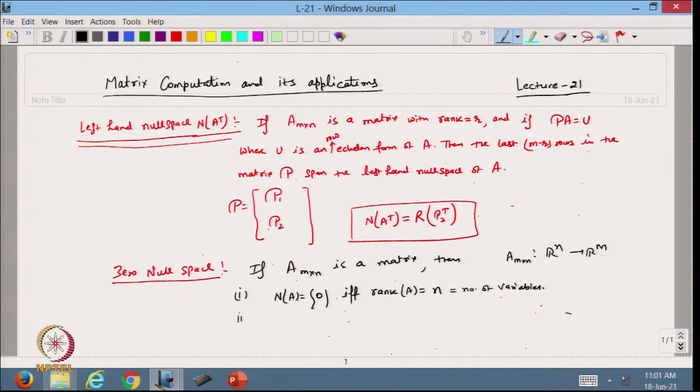And the second one is that the left null space will contain only the 0 element if and only if the rank of A transpose is equal to m. So, that is the observation we are going to have, and this one we know.